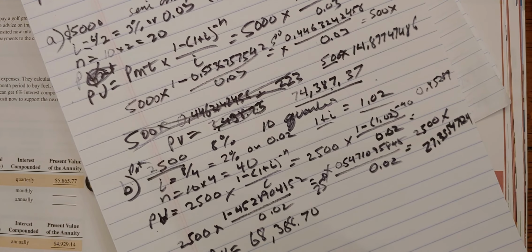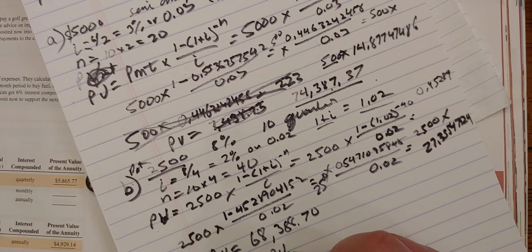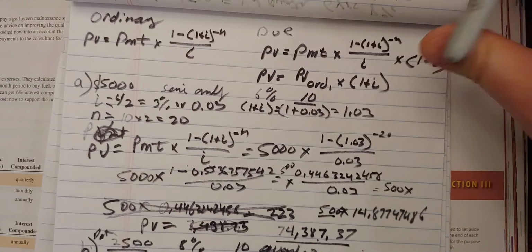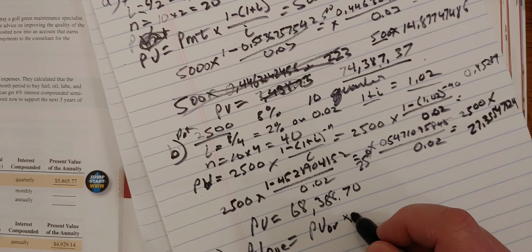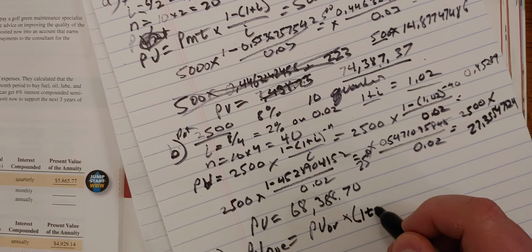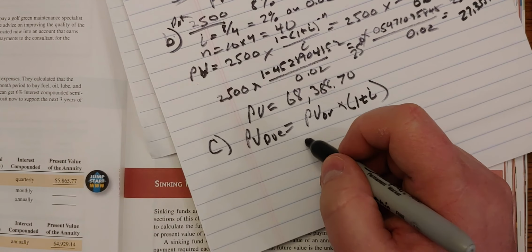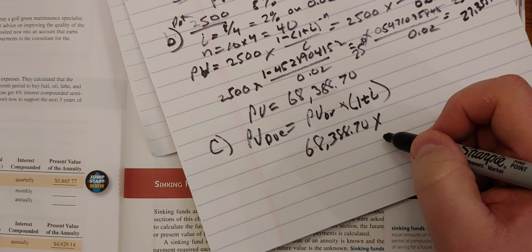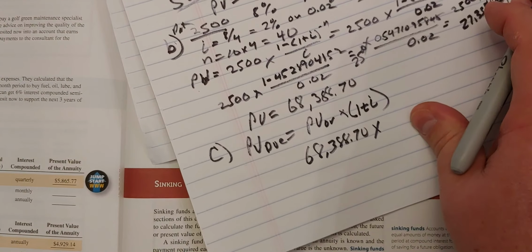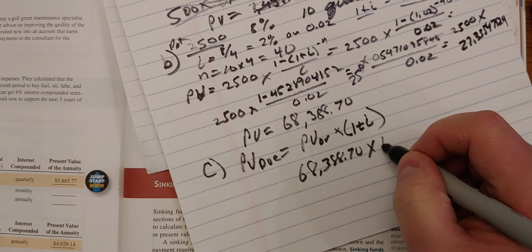To find the present value of the annuity due, we can take the ordinary annuity, and this is what I was talking about up here, and multiply it by 1 plus I. So we can take 68,388.7 and multiply that by 1 plus I, which I figured out is 1.02 up here.